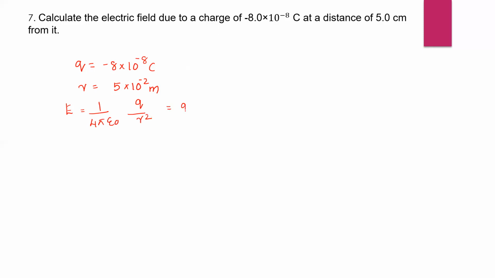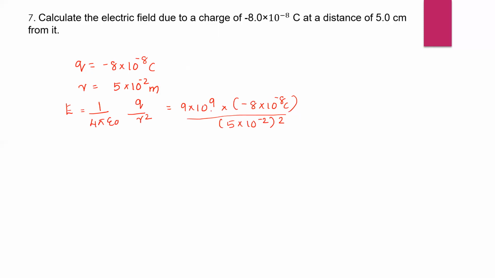That is 9 into 10 raised to 9 into Q is minus 8 into 10 raised to minus 8 coulomb upon R square. R square is 5 into 10 raised to minus 2 square.